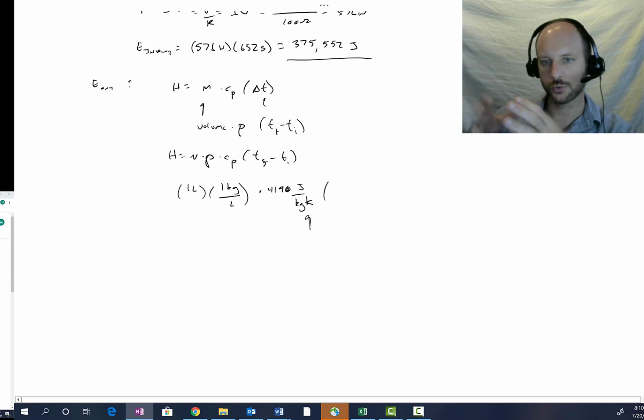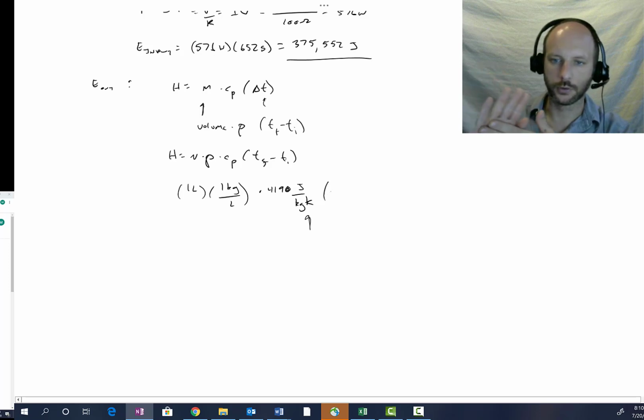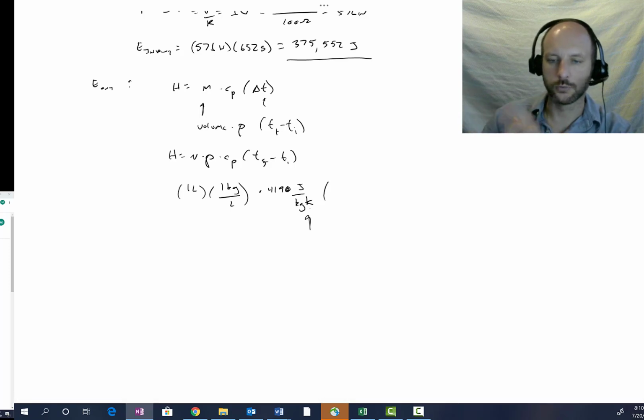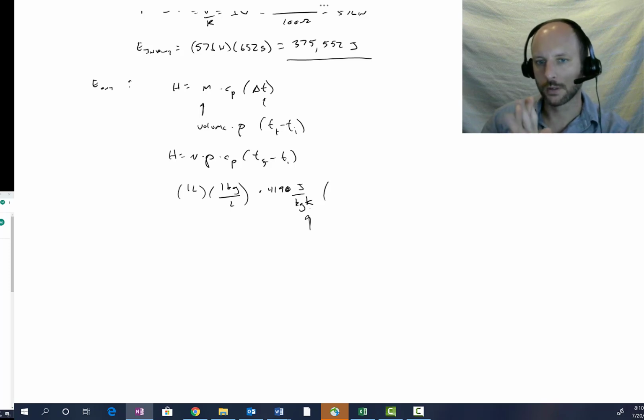Unfortunately, our temperatures were in Celsius, and we needed them to be in Kelvin for these units to cancel. So our temperature final was 90 degrees C, and our initial temperature was 15 degrees C. So we should convert those over into Kelvin before we take the difference, and that way the units would cancel.